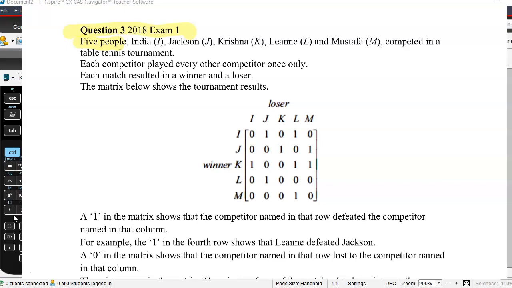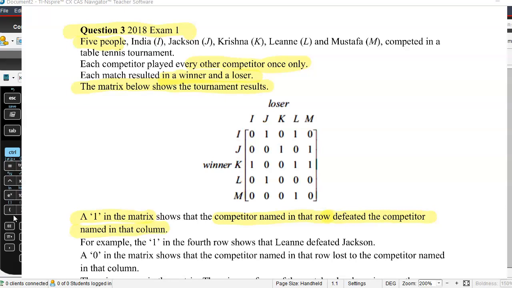Okay, so they only played each other once, and somebody won, somebody lost, there's no draws. The matrix below shows the tournament results. A 1 in the matrix shows that the competitor named in that row defeated the competitor named in that column. For example, the 1 in the 4th row shows that Leanne defeated Jackson.